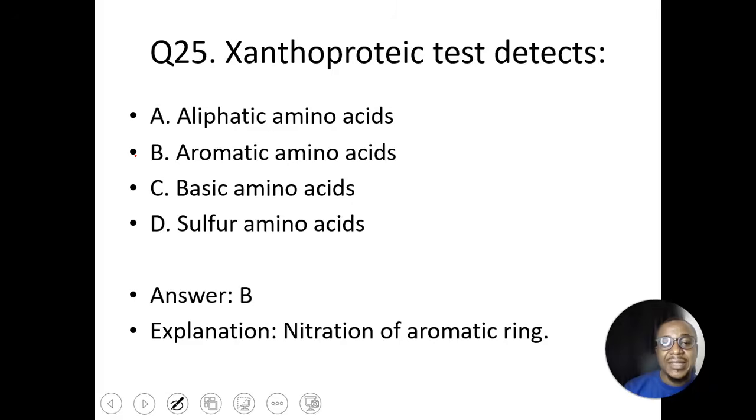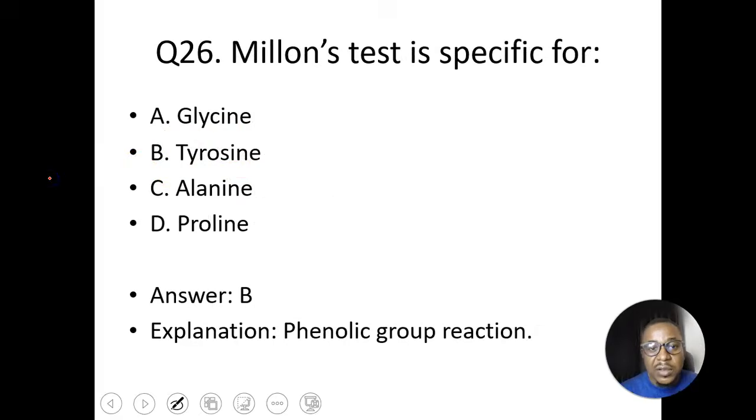The xanthoproteic test is for aromatic amino acids: tyrosine, phenylalanine, tryptophan. Millon's test is for aromatic amino acids that have a phenol, a hydroxyl group, like a phenolic group.